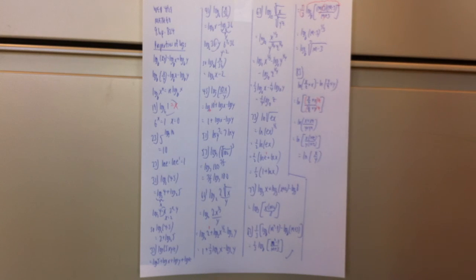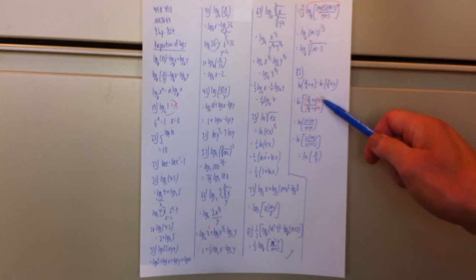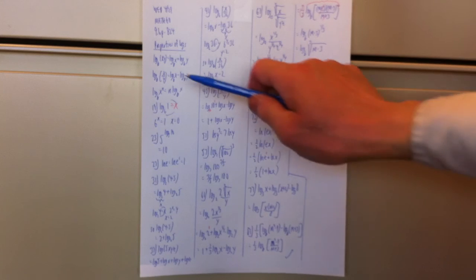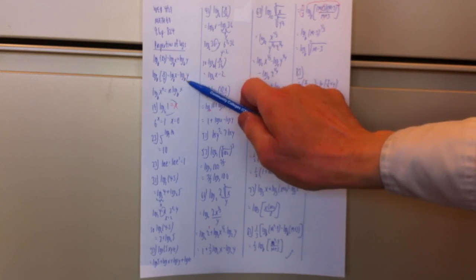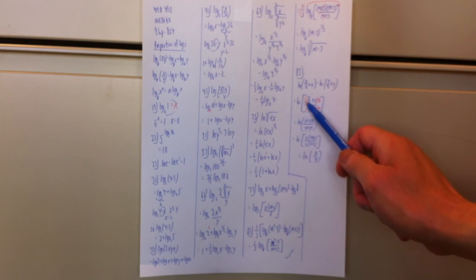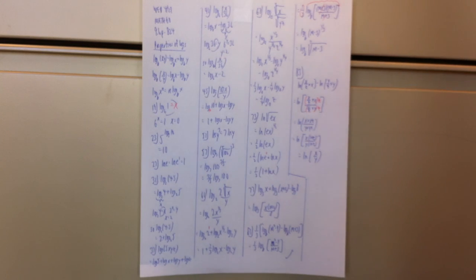And finally 83, they give it to me as ln of x over z plus x minus ln of y over z plus y. There's a minus here, so this is the right-hand side of this, so I'm going from right to left. I write it as a division. So it's ln of x over z plus x over y over z plus y. We can simplify that. We don't like the way it looks.